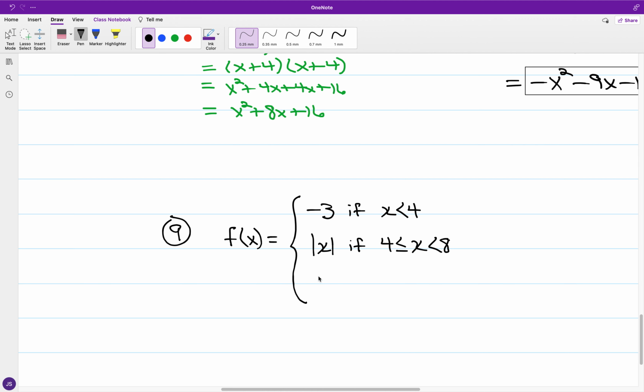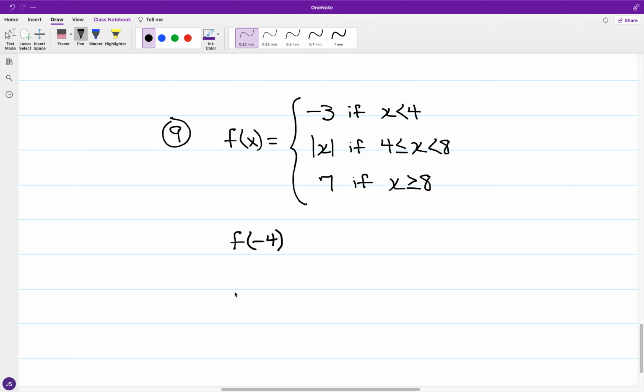And f of x is equal to 7 if x is greater than or equal to 8. And so for the first item, we're looking at f of negative 4. Next, we have f of 1/2. And we have f of 6, as well as f of 15.